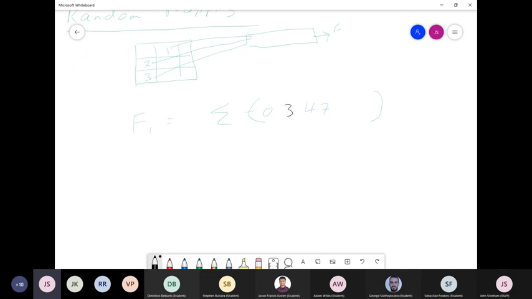Okay, so we've got 4 terms, 4 possibilities for the first function. Now let's assume F2 and F3 also have 4 states.